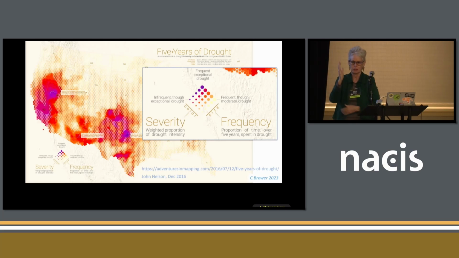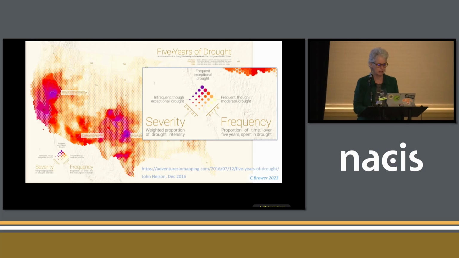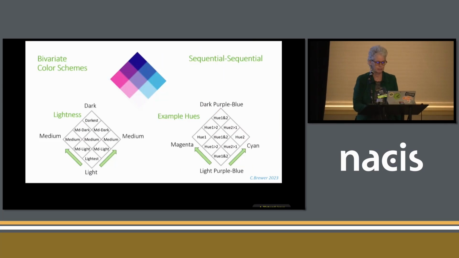It also mimics a little better how color space is structured, though the light's on the bottom and the dark is on the top. So I'm going to really confuse you by flipping over the color space as we go, but just a shout out to John. We've all seen more maps with this diamond layout over the years.